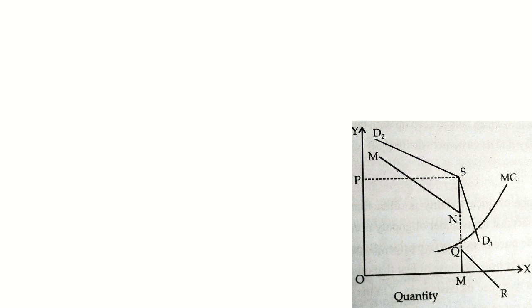Now we are going to see what happens to the MR curve, that is the marginal revenue curve. Here also the marginal revenue curve is divided into two, that is MN and QR. This is the MN portion, and next is the QR portion.